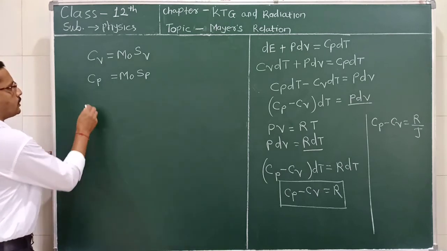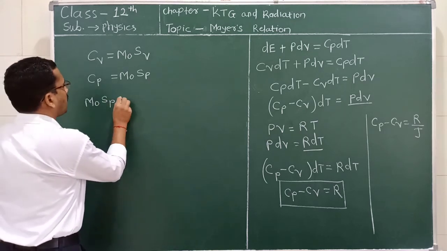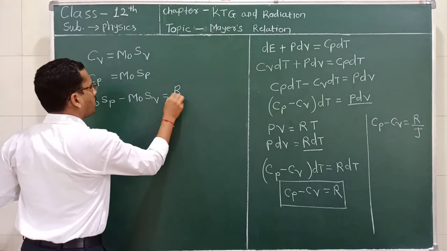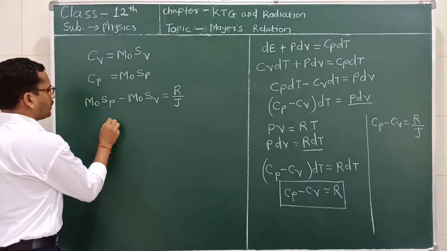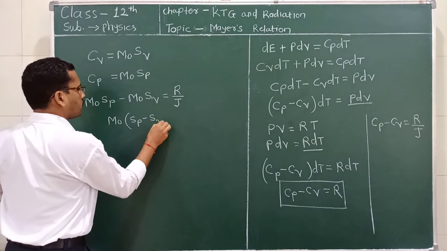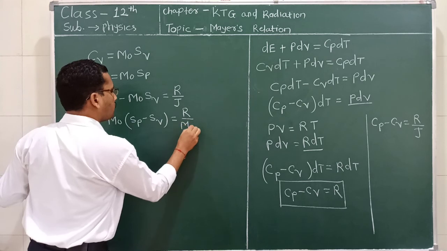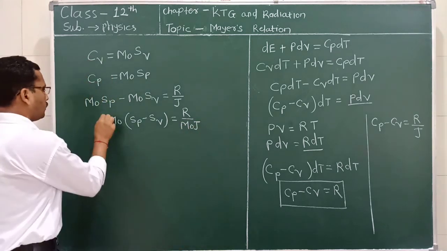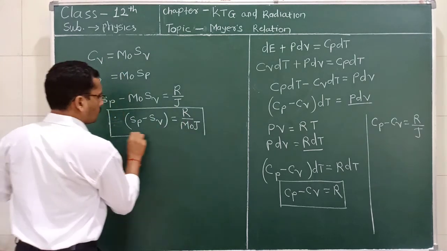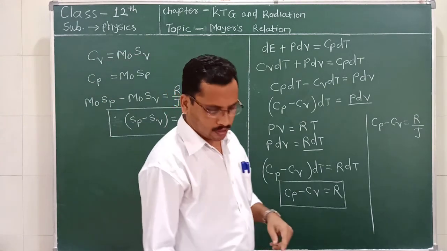So we can write M0 Sp minus M0 Sv is equal to R by J. So we take M0 common: M0 into (Sp minus Sv) is equal to R divided by M0 into J. This is another relation derived by Mayer in terms of principal specific heat.